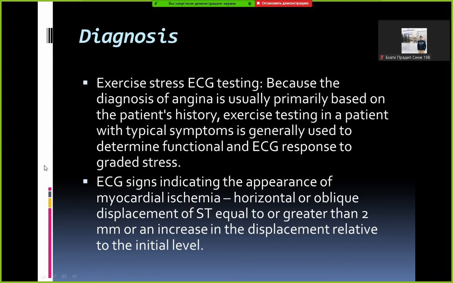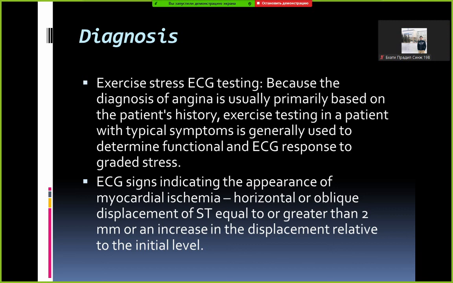The next instrumental method of diagnosing angina pectoris: exercise stress ECG testing. Because the diagnosis of angina is usually primarily based on the patient's history, exercise testing in patients with typical symptoms is generally used to determine functional and ECG response to graded stress.